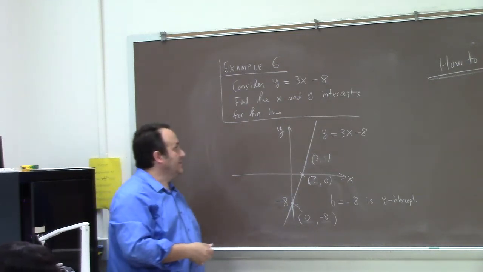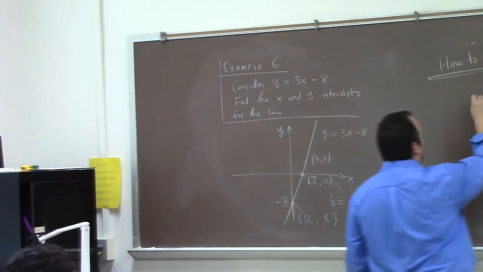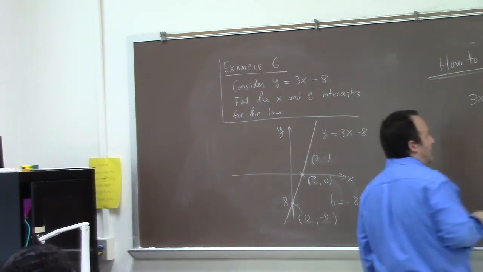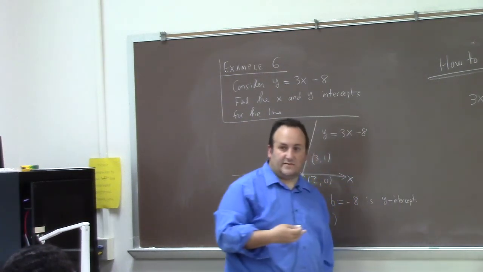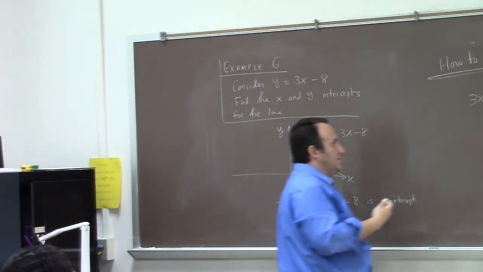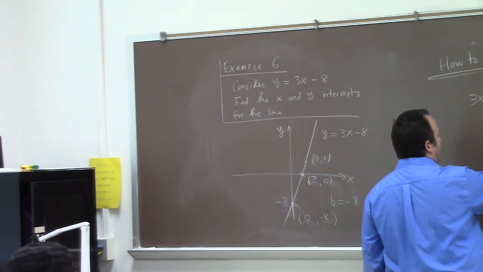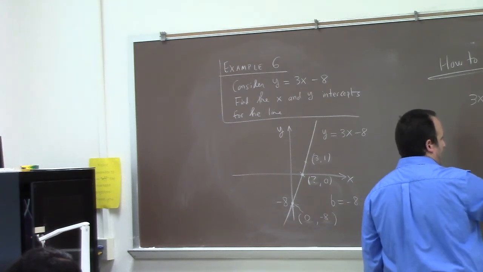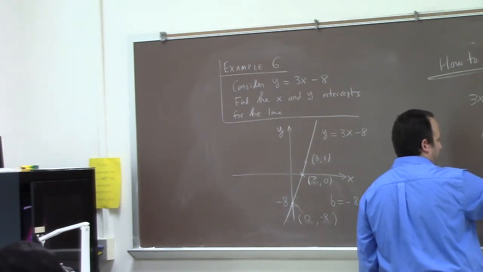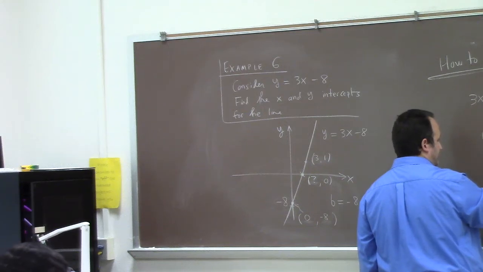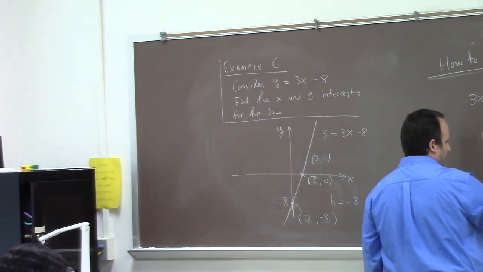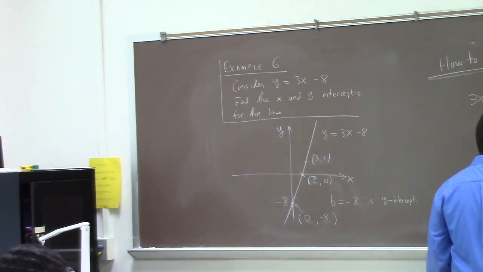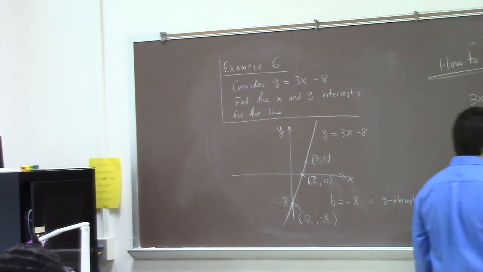So we just set 3x minus 8 equal to 0. Whatever x solves that should tell me what the x-intercept is. Here, 3x equals 8, so x is equal to 8/3. That is the x-intercept. The x-intercept is actually at (8/3, 0).